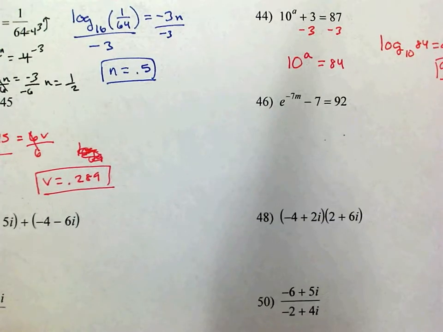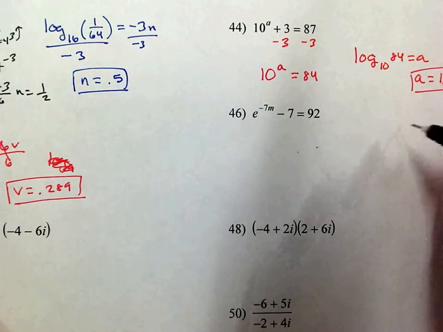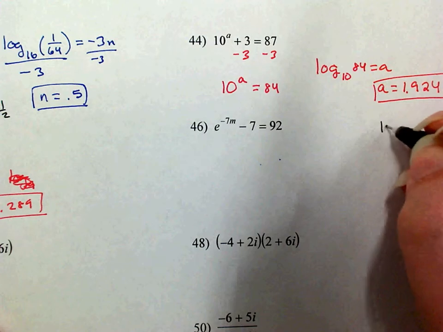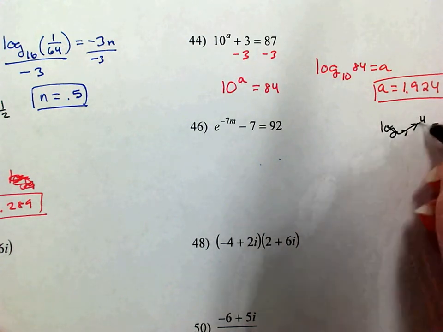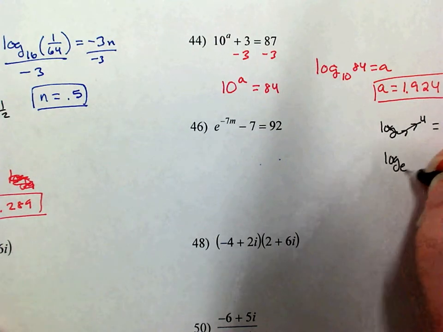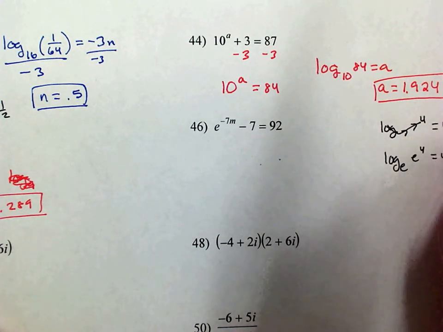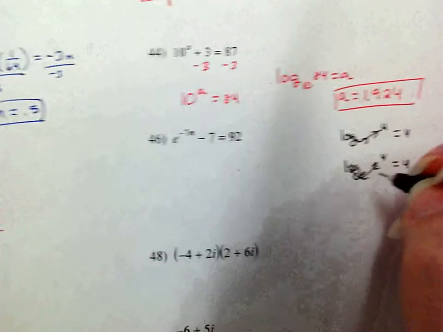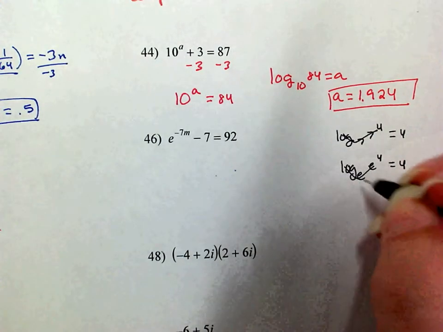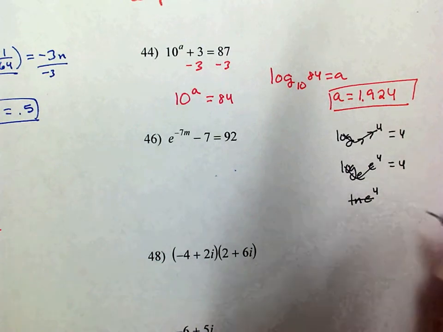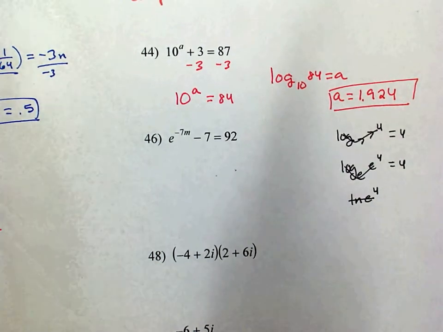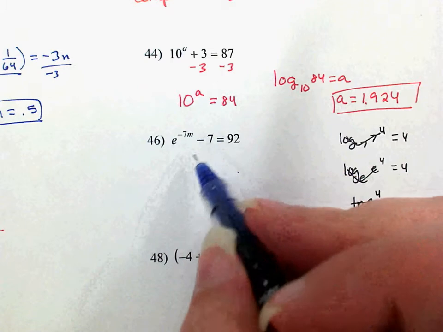In the same way that log base 7 of 7 to the 4th equals 4, because they cancel each other out, log base e of e to the 4th also equals 4. So the thing to remember is that log base e is ln. So when you see ln of e, they just cancel each other out. What makes that nice is that when you have an e right here, if you get it alone, then you can just take the natural log of both sides and it'll cancel out.